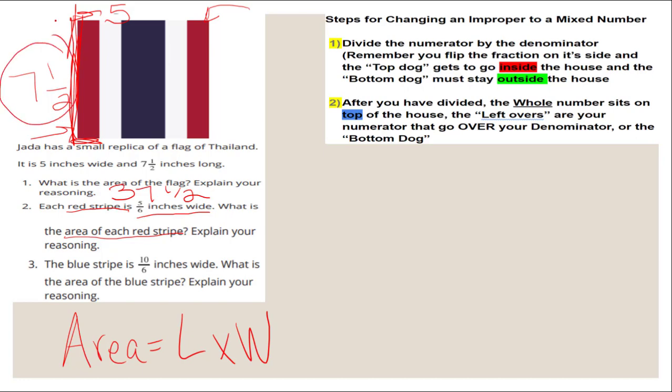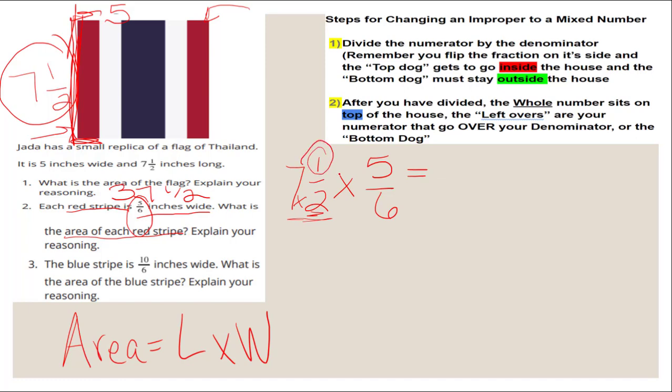So our length is 7.5 of that red stripe, and it says that the width of the red stripe is 5/6. Now let's see if we can multiply. Okay, so we have a mixed number and a fraction, and remember we have to have 2 fractions in order to multiply.